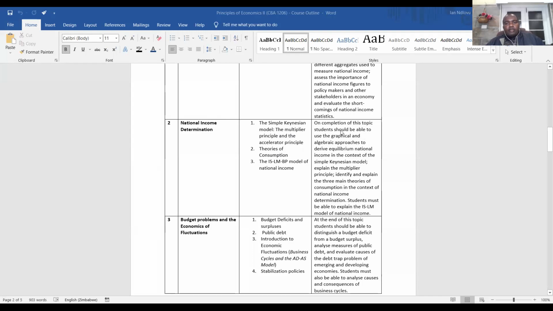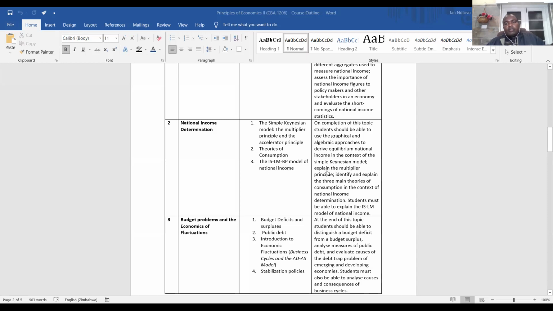On completion of this topic, I'm expecting students to be able to use the graphical and algebraic approaches to derive the equilibrium level of national income within the context of the simple Keynesian model.